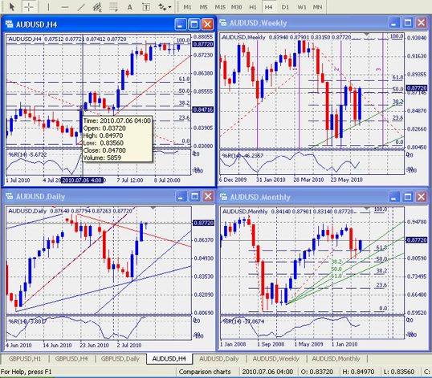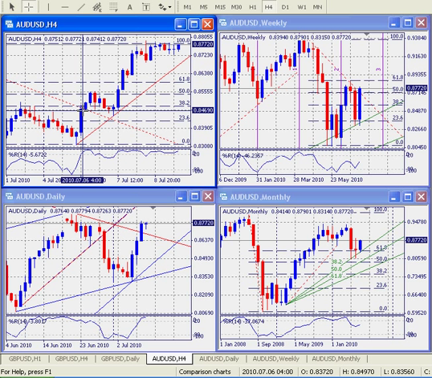and touching a resistance from a Fibonacci trend line, working at that price level of 84.71.